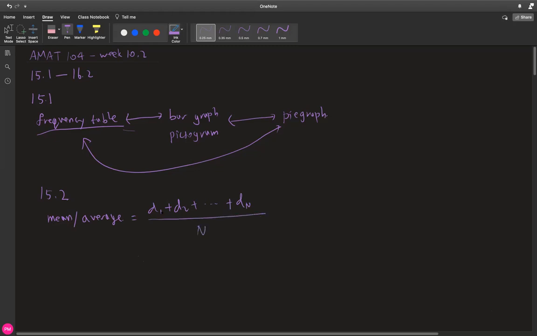Here, D1 implies the first data point in the data set, D2 the second data point, Dn the nth data point, and n is the size of the data.